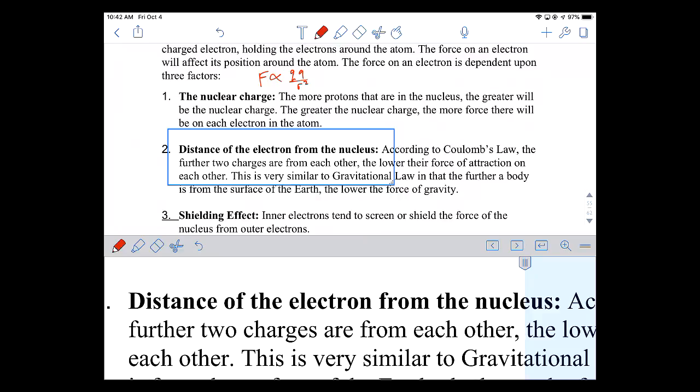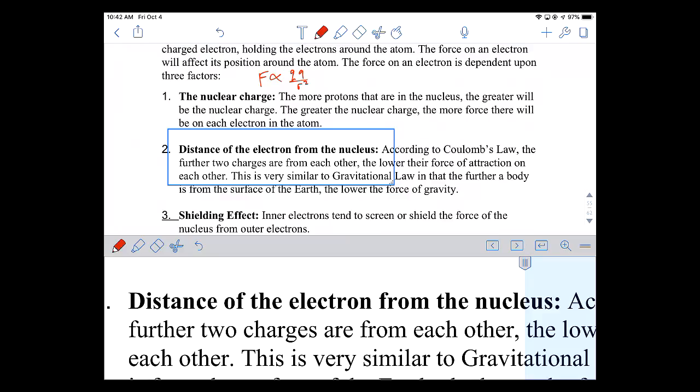This is where the principal quantum number becomes really important, right? Because the principal quantum number controls where the electron is relative to the nucleus. The higher the principal quantum number, the bigger this R is, and that's tanking that force. So the attractive force is going down.